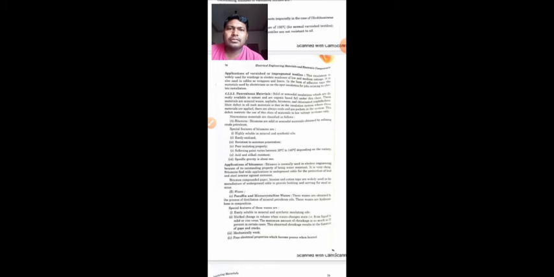So non-resinous materials are classified by bituminous. Bitumen is a solid or semi-solid material obtained by refining crude petroleum. So after refining this crude petroleum, we will get bitumen.